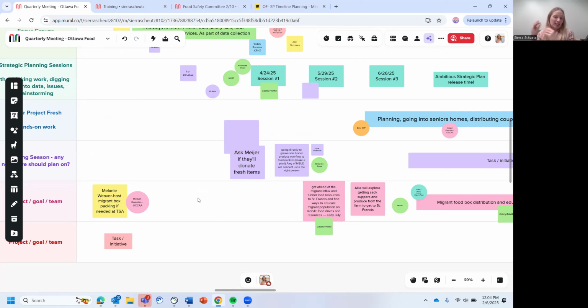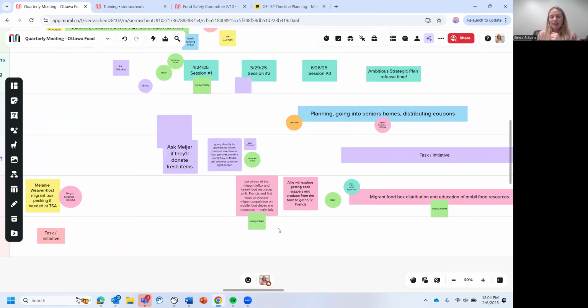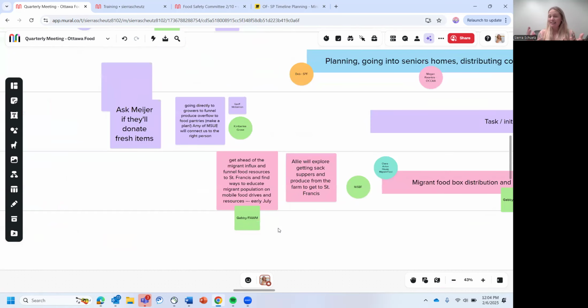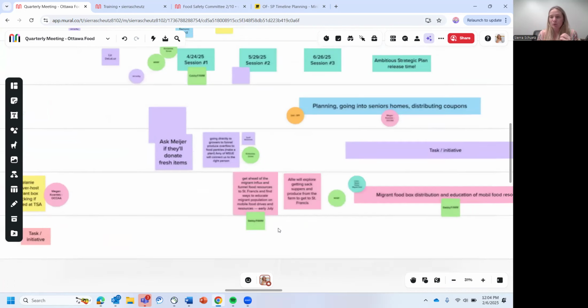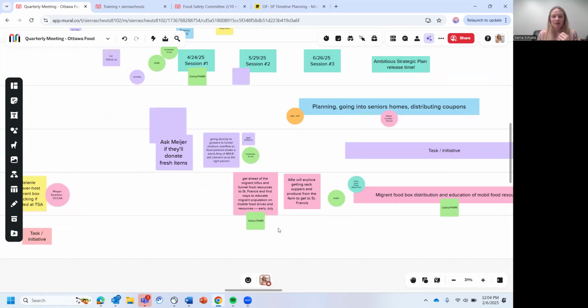We've got Community Action Agency offering food boxes, and we're grateful to Salvation Army for offering a space to pack and house the food boxes. We're going to continue to mull this over. Oh, and Allie from Kids Food Basket is going to see if it's possible to get some sack suppers to this influx of folks. So just know that's something we're really working on, how to get ahead of this influx.